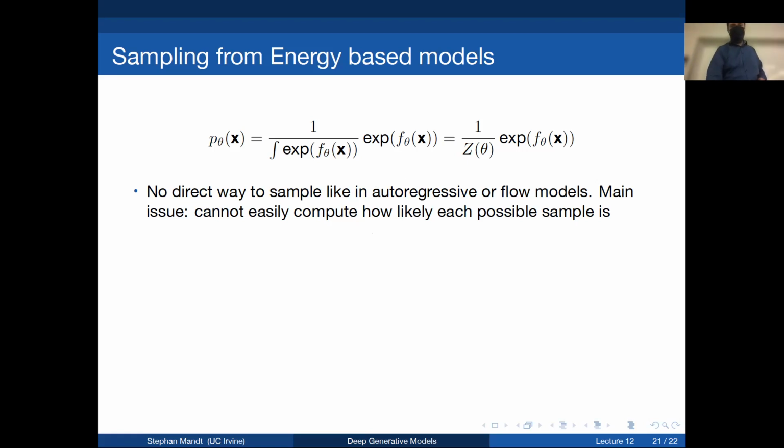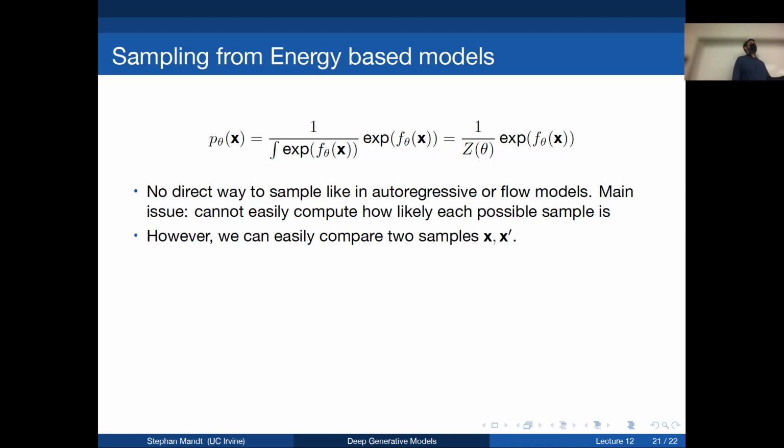So what is some intuition of how you build a Markov chain Monte Carlo sampling algorithm for energy-based models? Well, it again uses the fact that it's hard to compute absolute likelihoods of data points, but it's easy to compute relative likelihoods, because for relative likelihoods, p of x divided by p of x prime, these normalization factors cancel out.